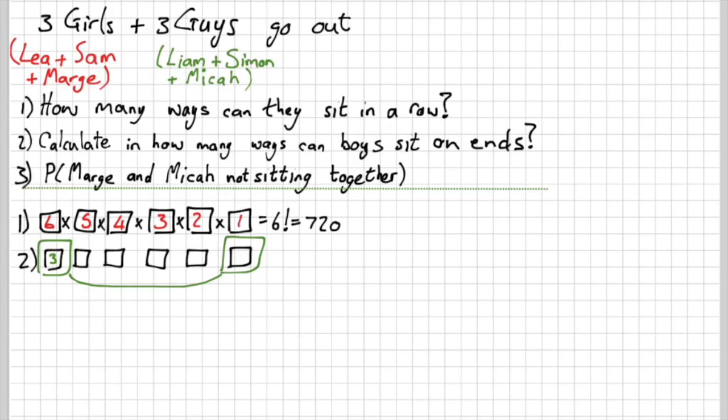But now one of them goes and sits down. How many boys are left to sit at the back end of the row? Well, there are two of them to choose from. What about the rest in the middle? There are no restrictions. So the first person will have 4 seats to choose from, then 3, 2, and 1. And because we're working with the fundamental counting principle, we multiply them. And my answer is again 144.